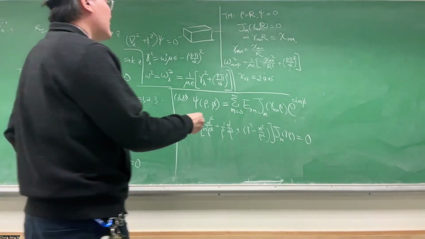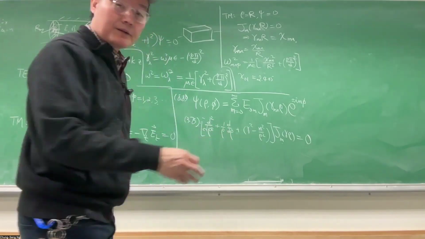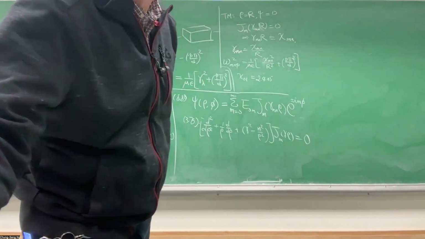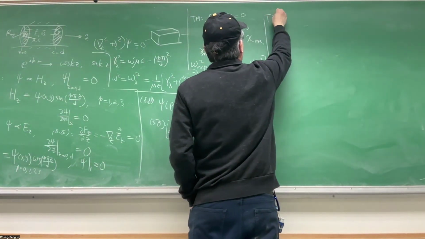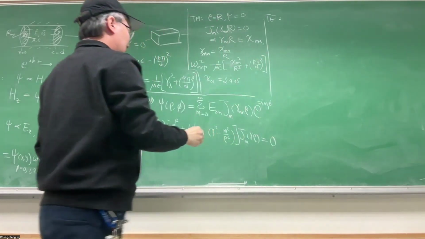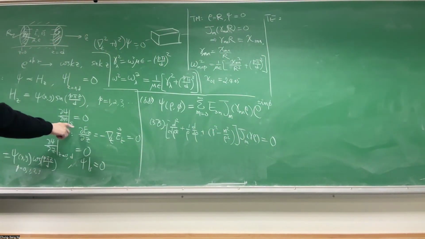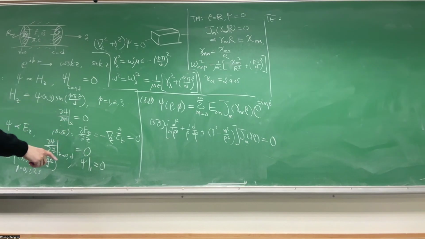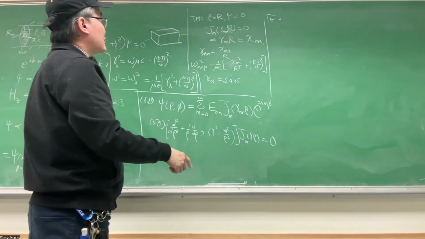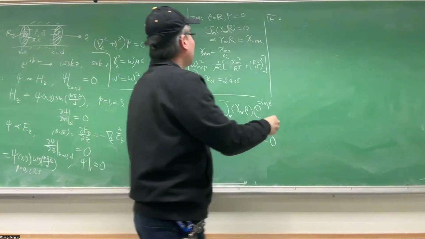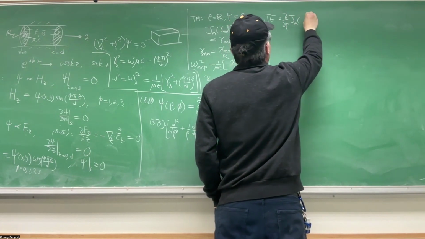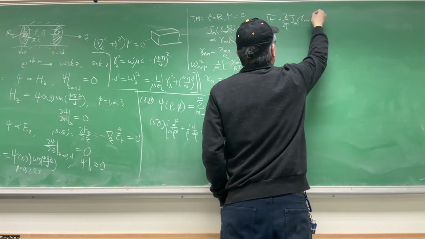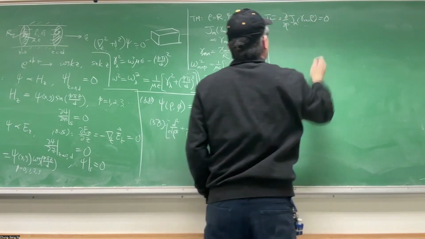For the TE mode, it's just similar. The requirement is that the partial of psi with respect to n on the surface is 0, and n is just the rho direction. So you require the partial with respect to rho of J_m of gamma mn rho to be 0.